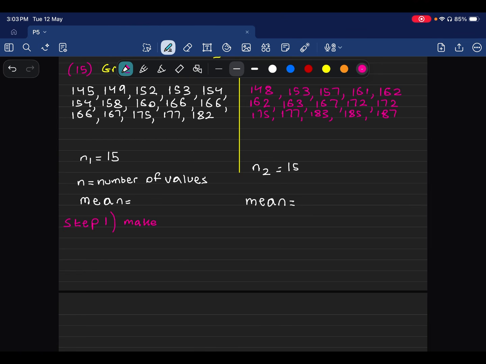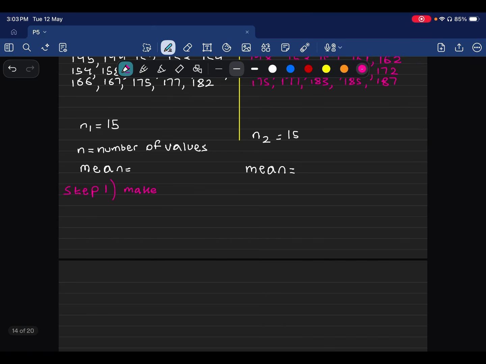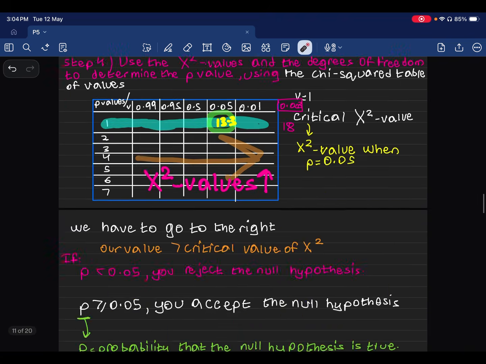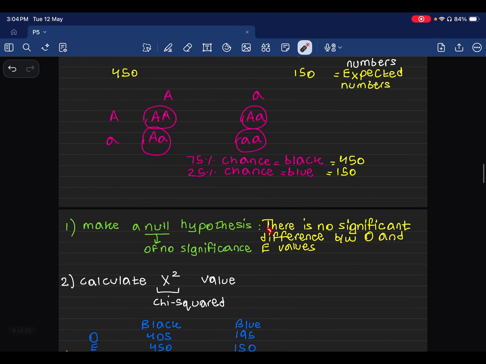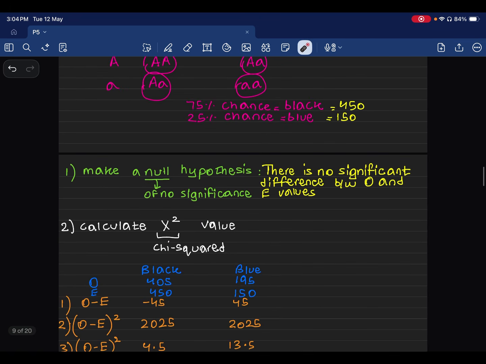Now, all you need to remember for chi-squared and t-test, you don't just make a hypothesis, you make a null hypothesis. And remember what the word null means? Null means of no significance. So this hypothesis is basically of no significance. What was the statement I told you guys to write for chi-squared? Null hypothesis. Let's go back to it. There is no significant difference between observed and expected values. What are you going to write for the t-test? There is no significant difference between the means of the two sets of data.